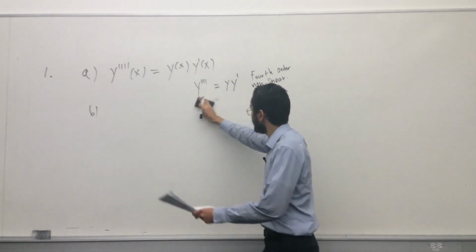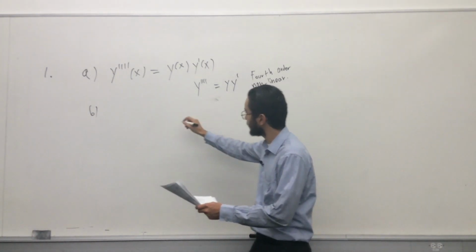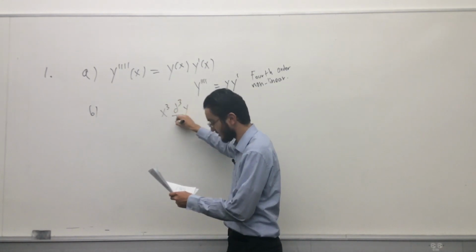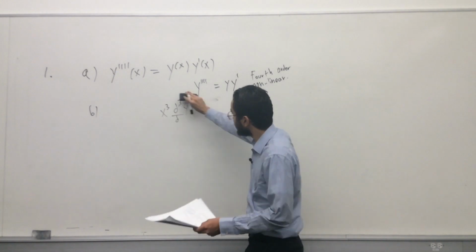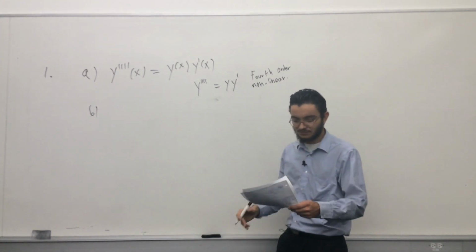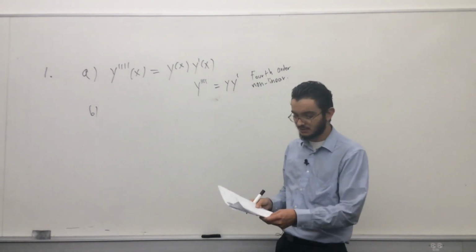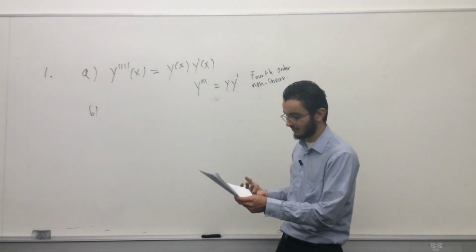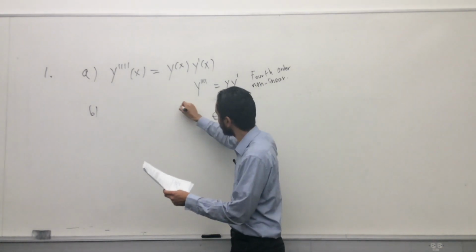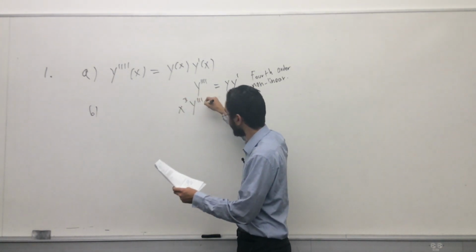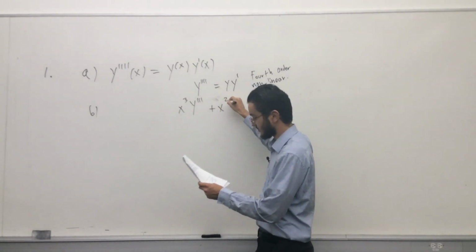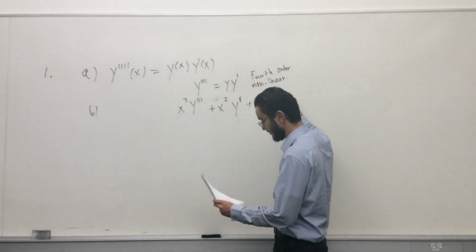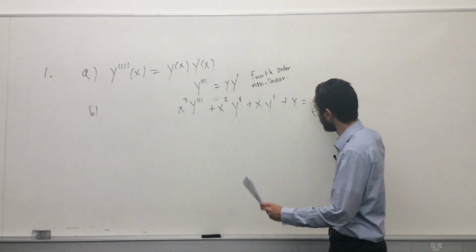You see there are no derivatives being multiplied by some function of y, so it's in standard form. Now let's look at part B. It's going to be a little bit longer, but it's actually trivial to classify. If you have access to the exam online, just look at it. I'm going to make it simpler and use Euler's notation instead of Leibniz notation: x cubed y triple prime plus x squared y double prime plus x y prime plus y equals e to the x.